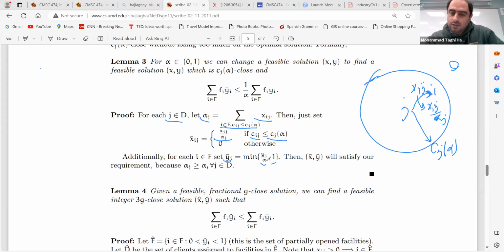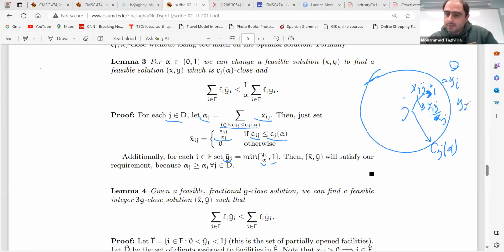The main thing that I'm doing with this alpha is that I want to make sure that this xij now essentially comes to this i. Maybe the amount that I have opened at this i was not enough. So for example, this xij might have been just equal to yi, because the only condition that I have is that xij is less than or equal to yi. Now you are essentially blowing up xij by this alpha j.